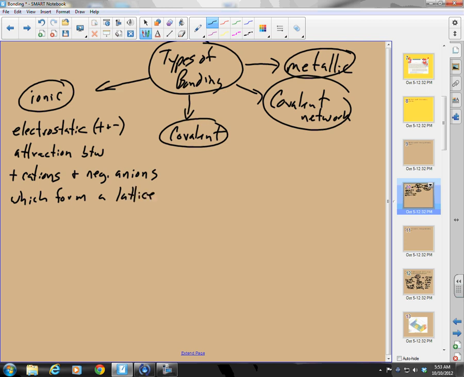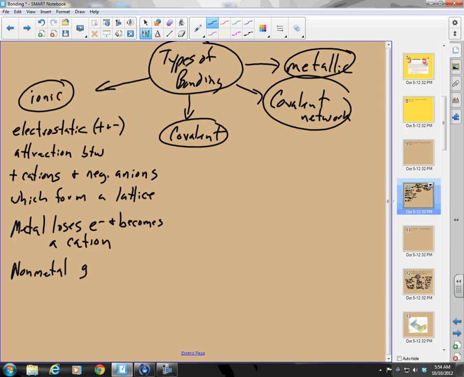Good. Now, how does this process really occur? Well, I have a metal, and the metal loses electrons, and when it loses electrons, it becomes a cation. And then I have a nonmetal, and where do I find the nonmetals? Right side of my periodic table, upper right.